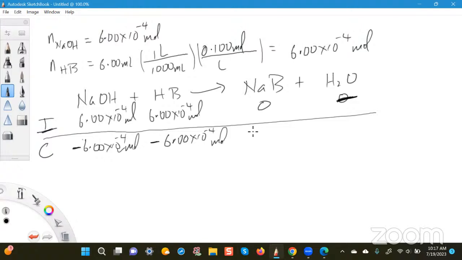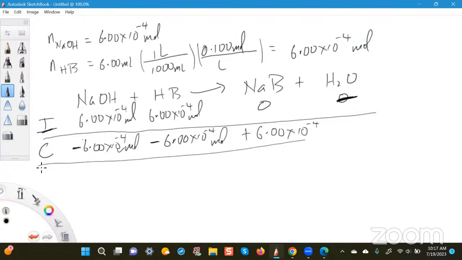No, no, no. If 1 mole of this reacts with 1 mole of this, then how many moles of this would be produced? Just one. Exactly. So if this amount reacts with this amount of the acid, then how much of this would you expect to be produced? You're going to have 6.00 times 10 to the negative 4. So plus 6.00 times 10 to the minus 4 would be the change.